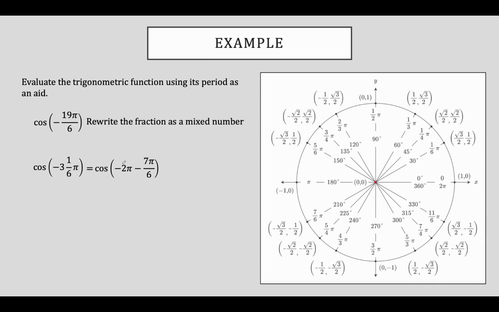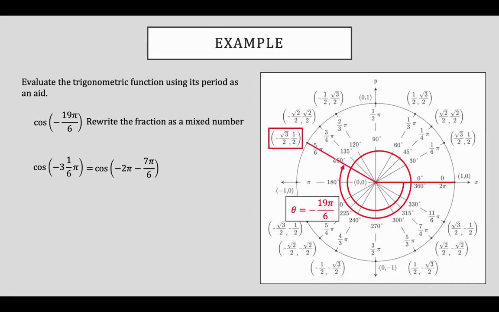So because this negative 2 pi is a complete revolution, bringing us back to where we started, we don't really even have to worry about it. Okay? How much farther do we have to travel though? Negative 7/6 of pi. All right, traveling negative 7/6 of pi brings us to here for our angle. And the corresponding ordered pair is negative root 3 over 2, comma 1/2.